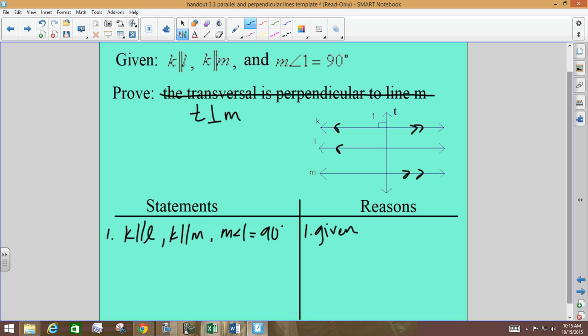Does it show that in the picture? Does it say it in the proof? Okay, then we have to make sure we say it. Because it shows it, because they make a what kind of angle? And by the definition of perpendicular lines, 2 lines that intersect at a right angle are perpendicular.